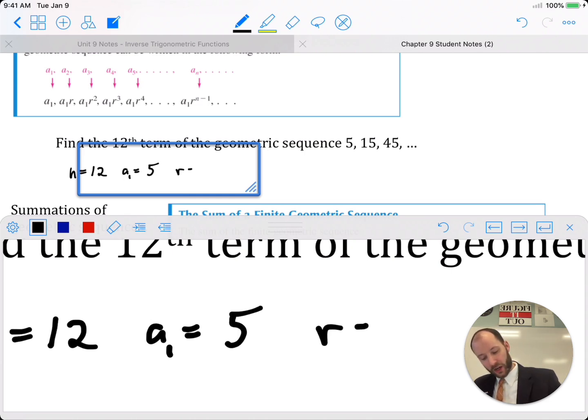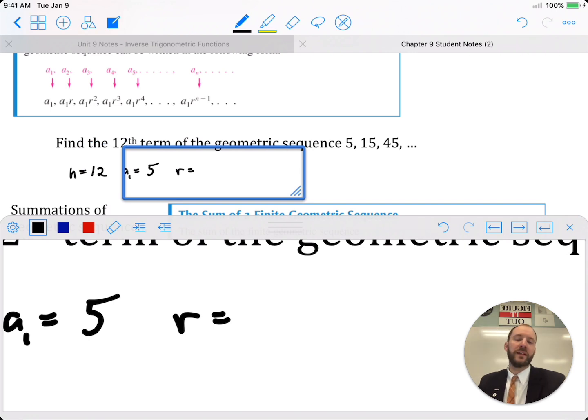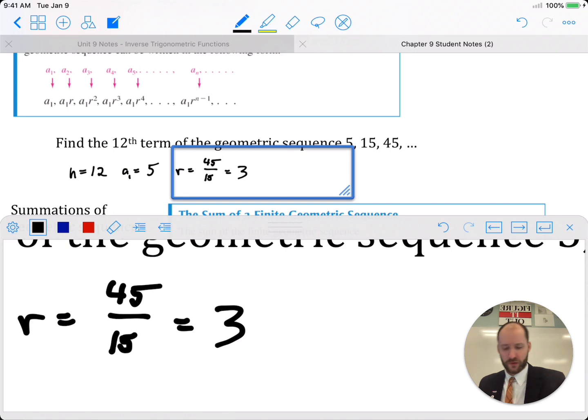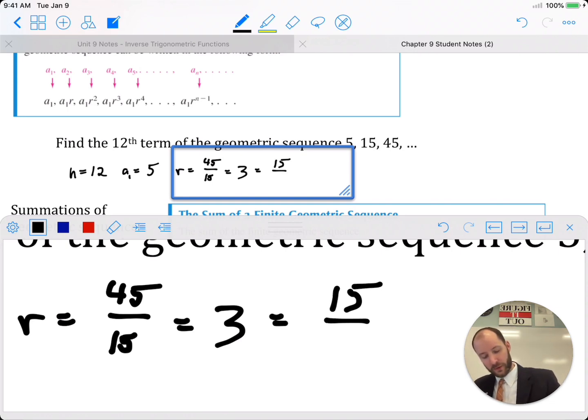And then r. Take our third term divided by the second, so a term divided by the one before it, and you get 3. Check yourself: the second term divided by the first, you get 3 also.